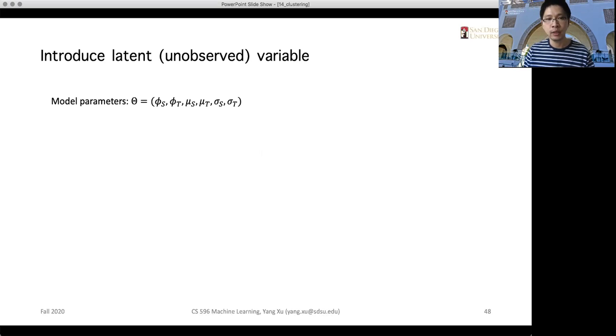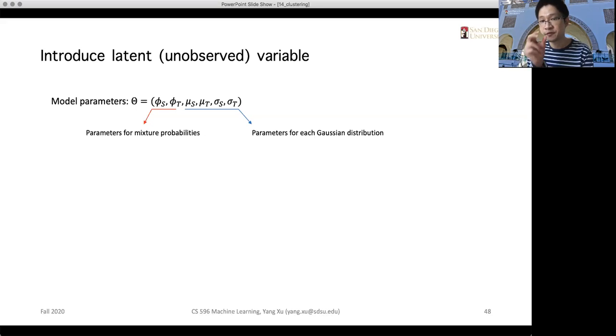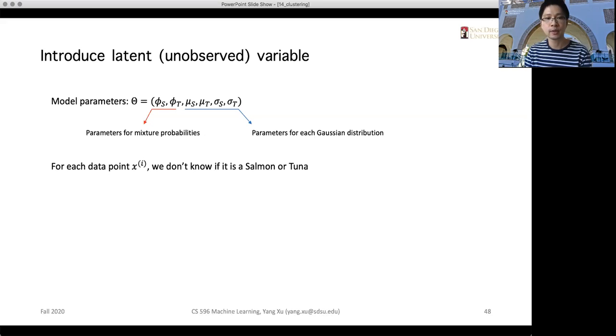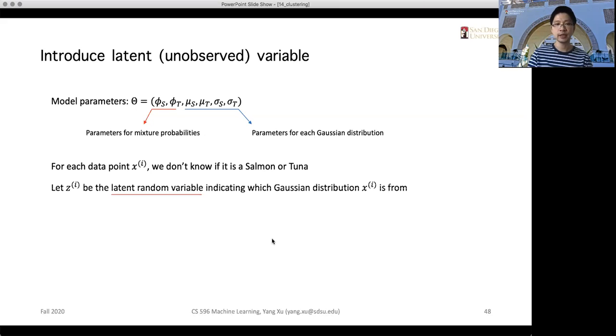These are what we want to learn from the data. This is our goal; we want to estimate those parameters. The phi's are the parameters for the mixture probabilities, and the others are the parameters for each Gaussian distribution. Because for each data point we don't know if it is a salmon or tuna, we have to estimate it. So how do we do that?